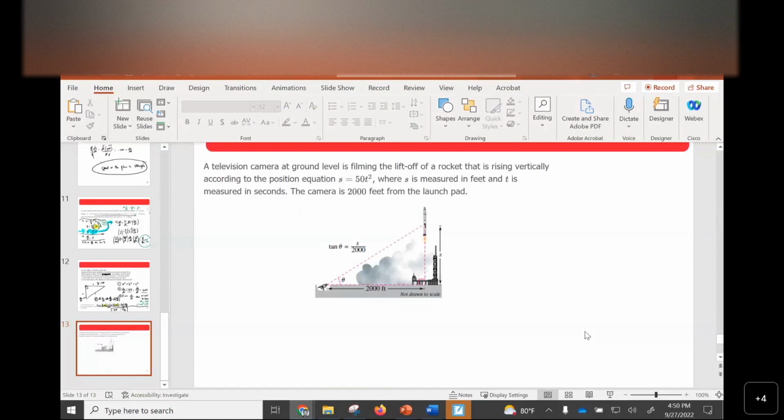A television camera at ground level is filming liftoff of a rocket that is rising vertically according to the position equation, where S is measured in feet and T is measured in seconds.